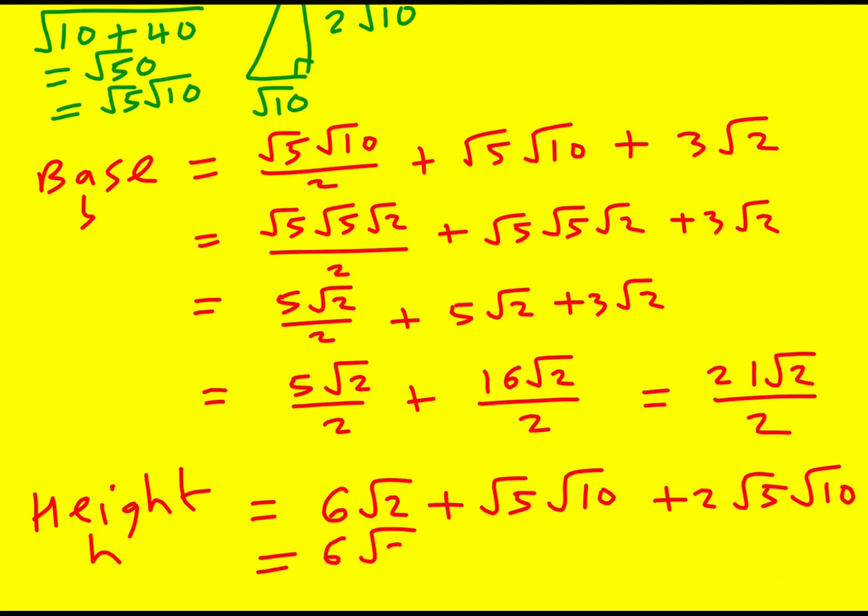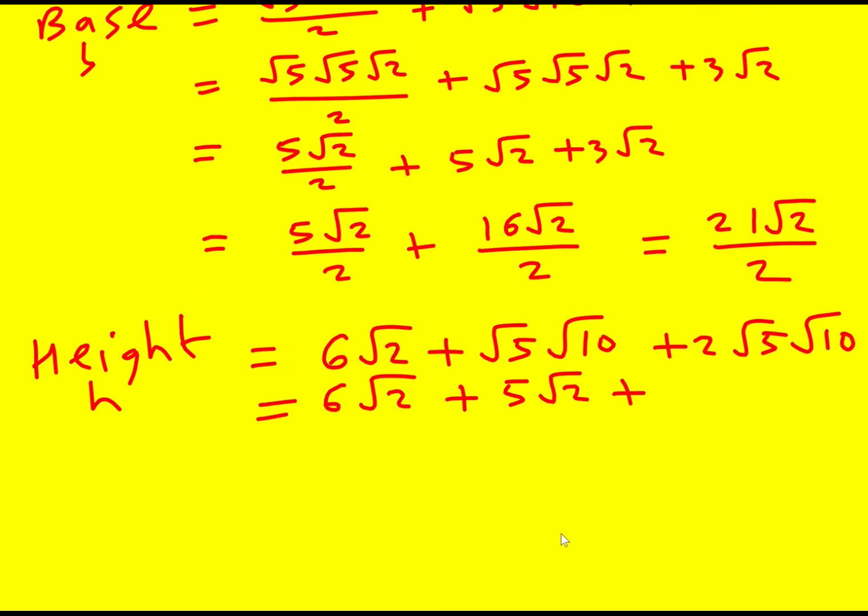But in a similar way, this simplifies nicely. I'm going to get 5 root 2 here, and I'm going to get 10 root 2 here. And it's going to become 21 root 2.